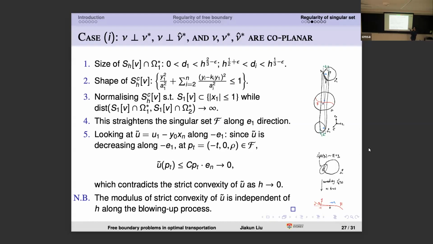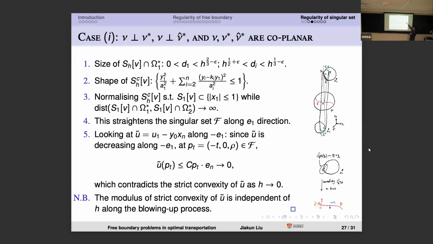So in case one, that's nice because everything is coplanar. So three vectors coplanar. If obliqueness fails, the picture will be given somehow like this one. You have a target above, you have a target below. And once you have the size of the geometry, you keep blowing up, the two targets will become far and far and far away. If the two targets become far away, it stretches the free boundary to be more flat. It's flatter and flatter and flatter, okay? But that gives you a contradiction.